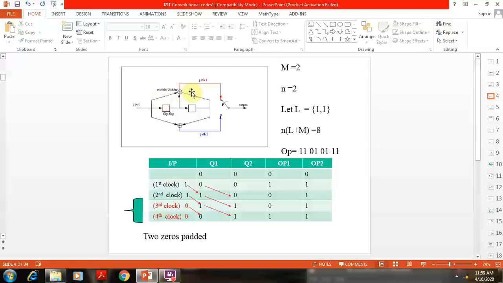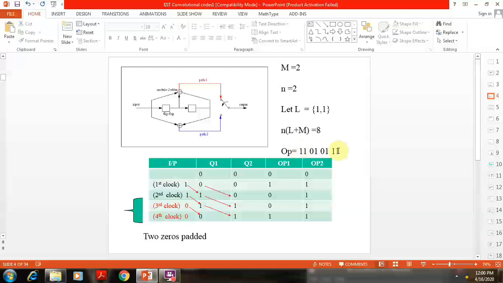This is one way of analysis of the convolutional encoder. Your input just keeps on shifting, and once the last bit of input is applied and goes inside, I need to append a number of zeros till the operation of the circuit is over. The last message bit should completely come out of the convolutional encoder. Right? So in short, if the constraint length of the convolutional encoder is m, I need to apply m minus 1 zeros.